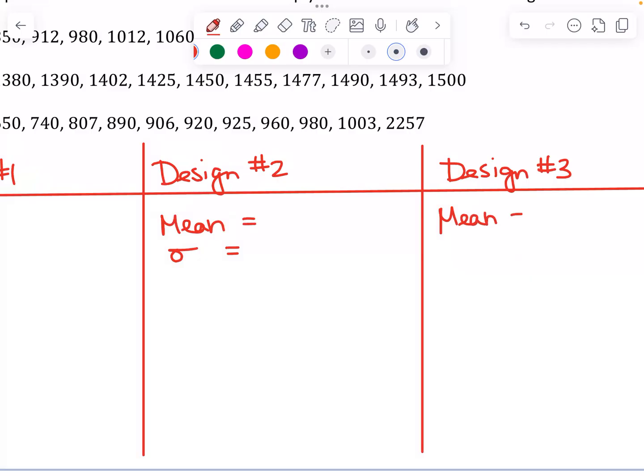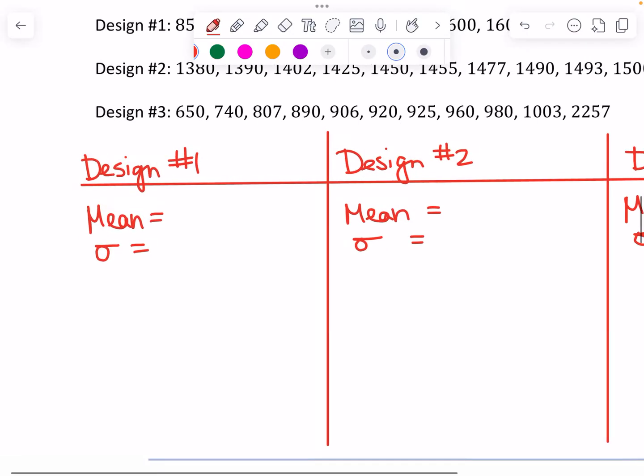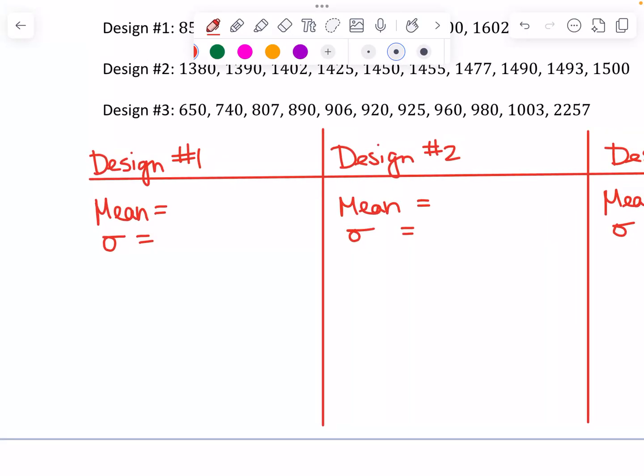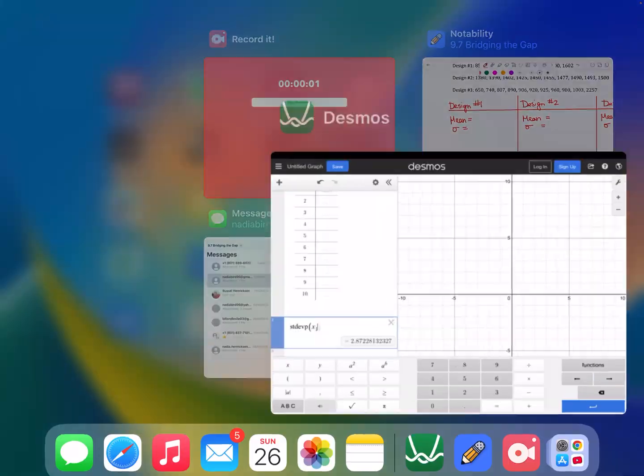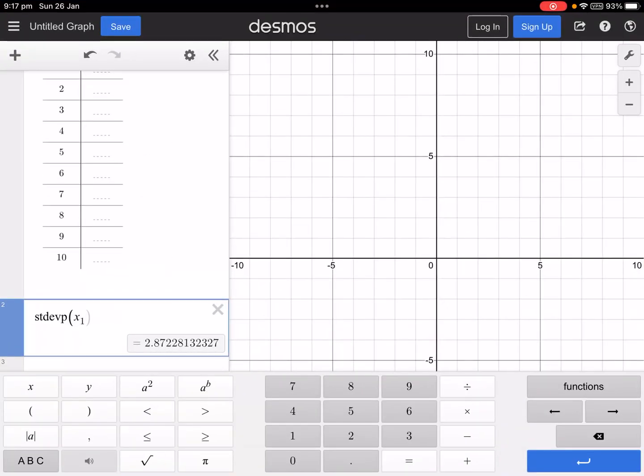Okay, so we're back in Desmos. I'm going to clear out this table. Actually, a quick way of clearing it out is deleting it and then adding a new table.